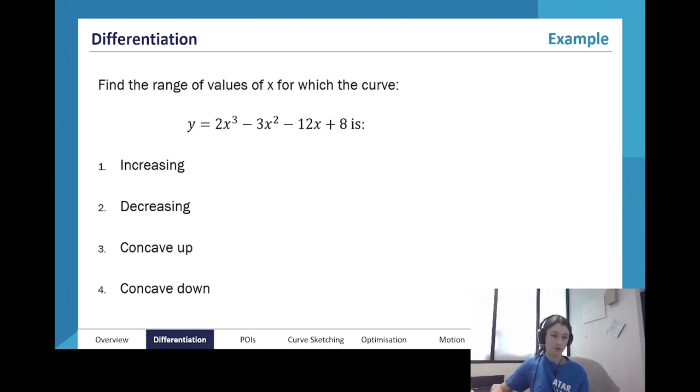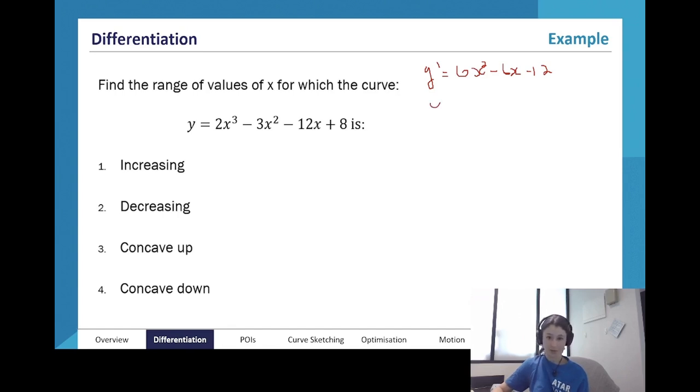What tells us if a curve is increasing or decreasing is, remember, the first derivative. So we're going to find the first derivative over here. So we're going to have 6x squared, take 6x, take 12. And then what tells us if a curve is concave up or concave down is the second derivative.